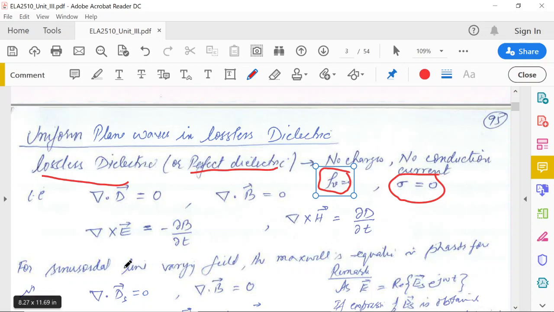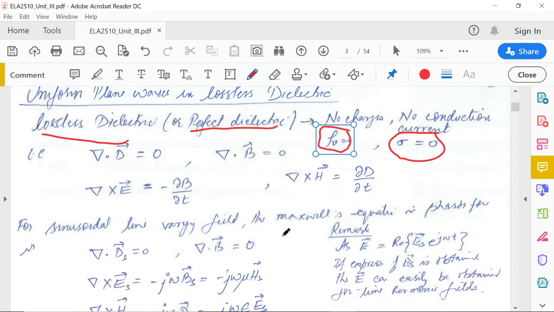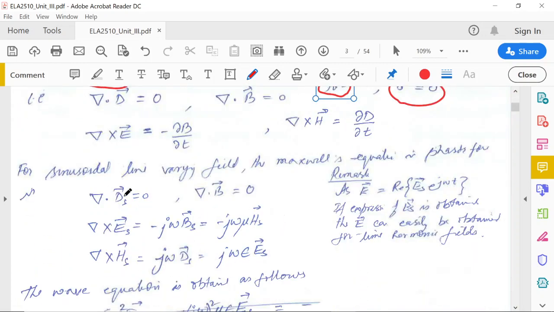So we will now focus on sinusoidal time varying fields. For example, if the fields are not exactly sinusoidal but they are periodic, we can decompose any periodic function or signal in terms of its sinusoidal harmonics.